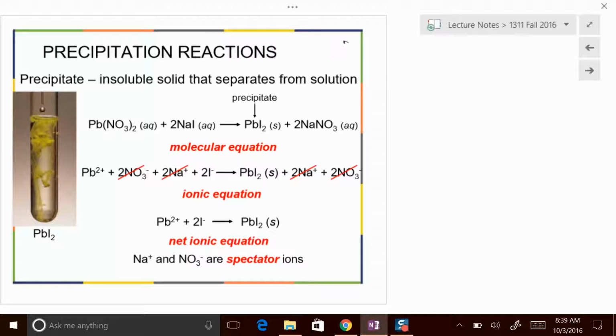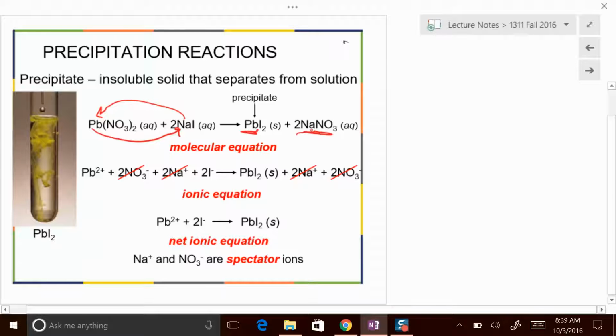We could have predicted that, right? We could look at that and say the lead and the sodium are going to switch places. This is a double replacement reaction. The lead and the sodium switch partners, and you get lead iodide as the only other potential product and sodium nitrate as the only other potential product.